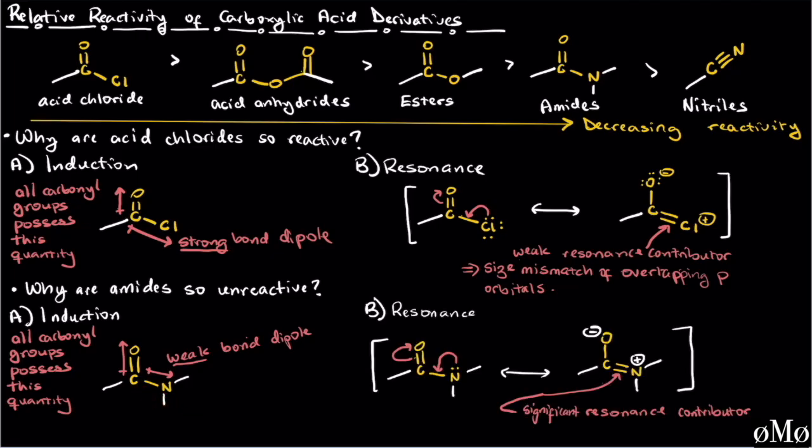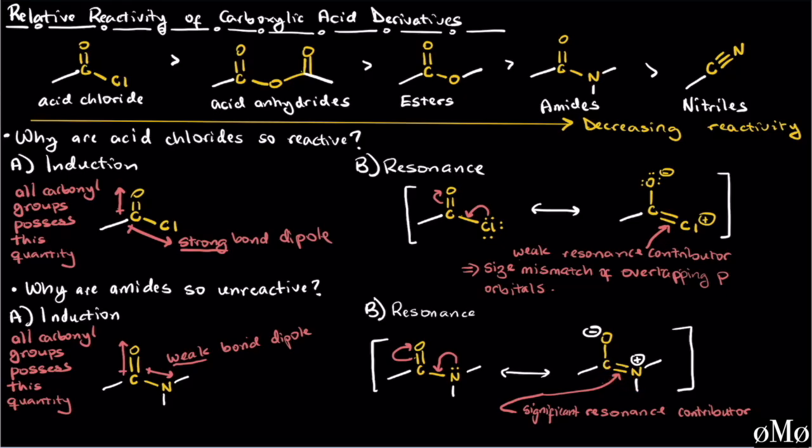And then in addition, the resonance picture would relate to you that the lone pair on nitrogen can actually donate its electron density into this carbonyl center, which will form this resonance form. But unlike the carbon-chlorine pi bond, which is not a very strong pi bond, a carbon-nitrogen double bond is actually fairly strong.